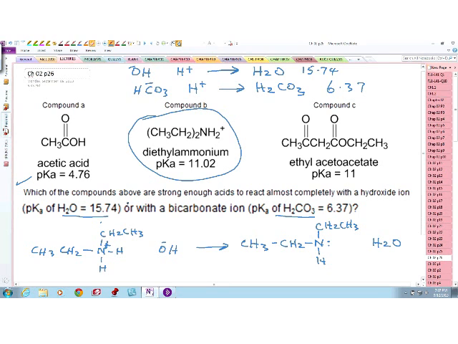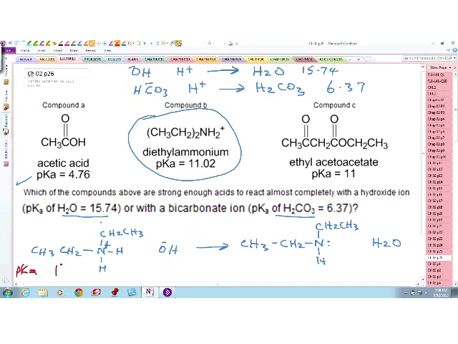If you look at the reaction from left to right, which is the acid on this side? This side is the acid, and they gave you the pKa value, which is 11.02.